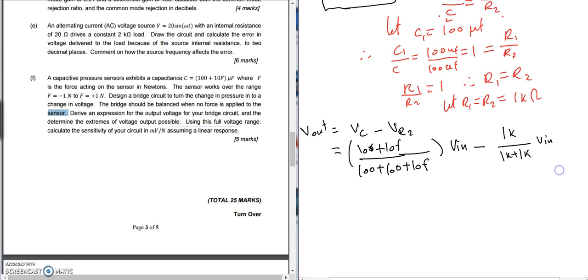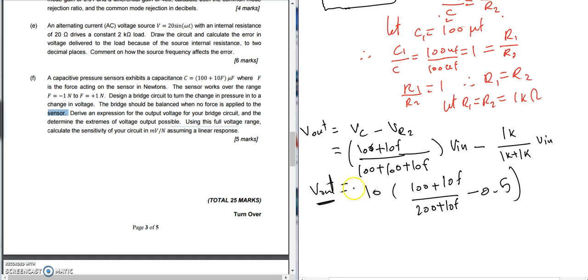So Vn as a common factor outside, and then you have 100 plus 10F over 200 plus 10F minus 0.5.